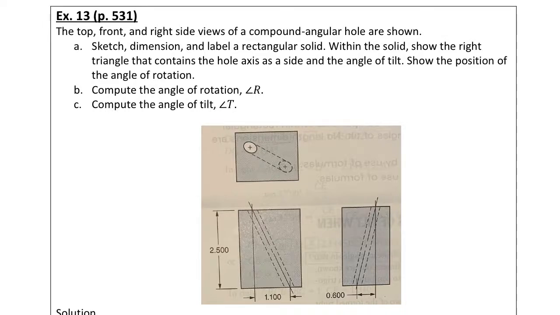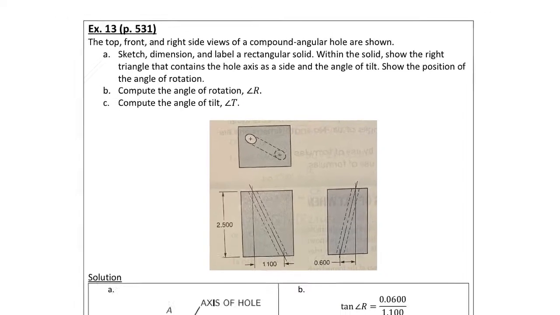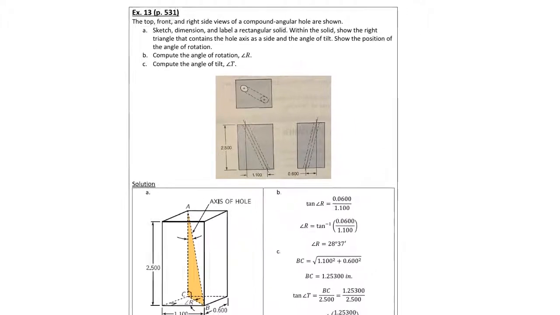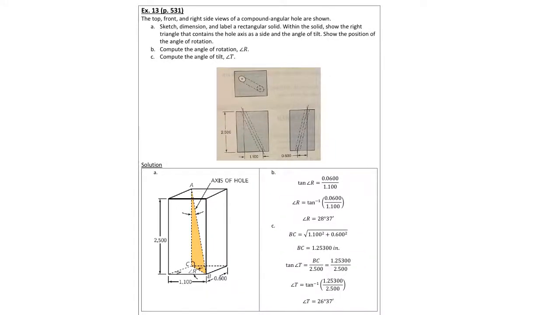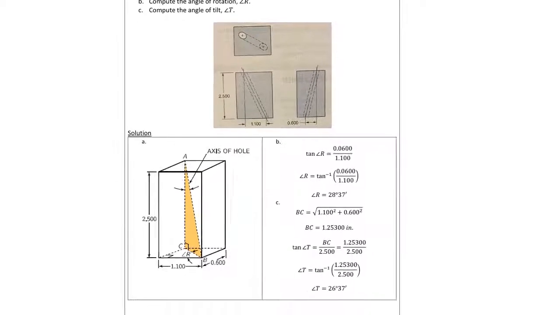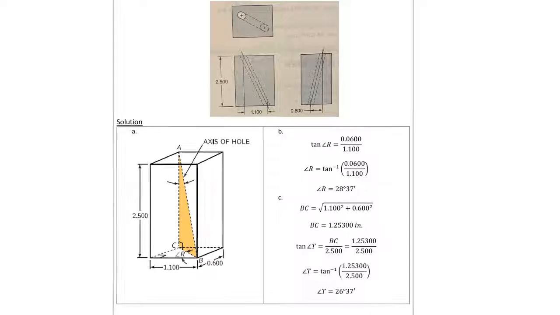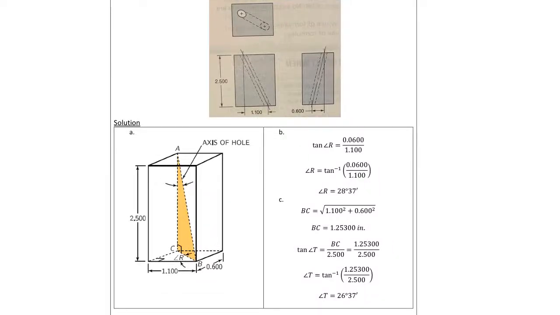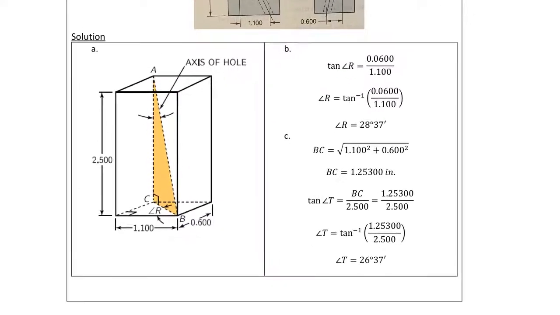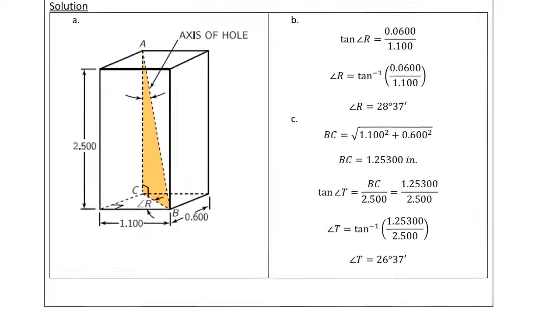And within the solid, we have to draw the right triangle and the axis of the hole. So let's see then what we have in the solution. Take a moment and see if all these three views match the rectangular solid and the triangle inside. Now to find the angle of rotation, we will use the tangent.